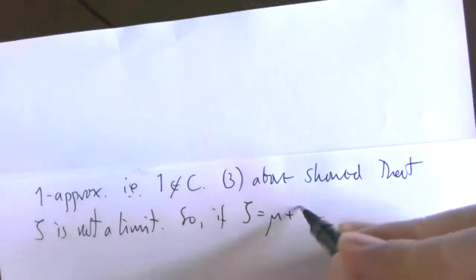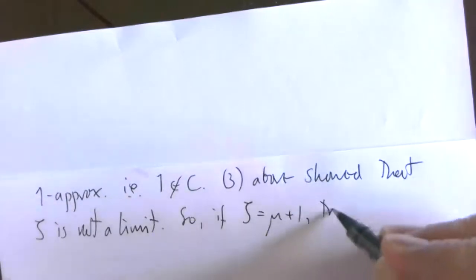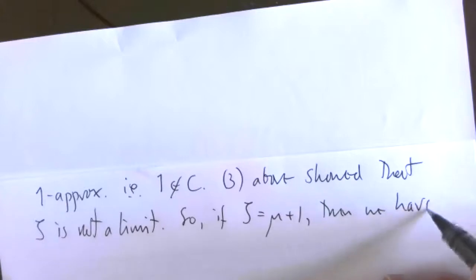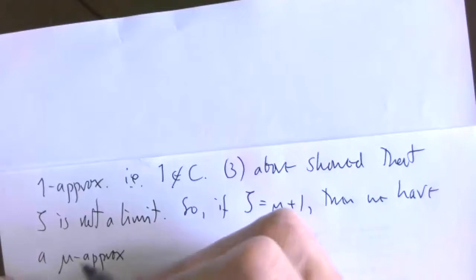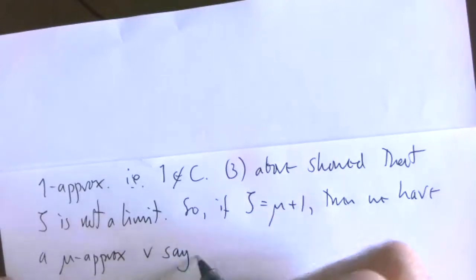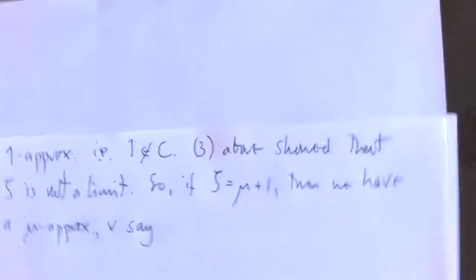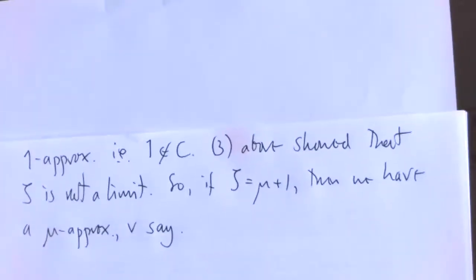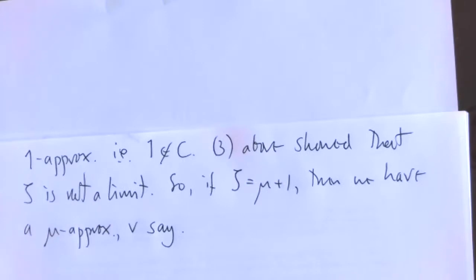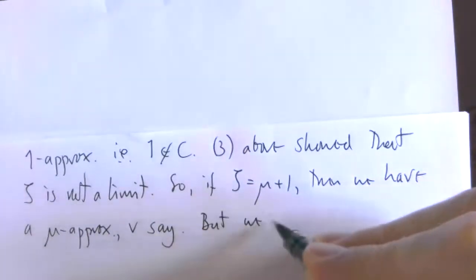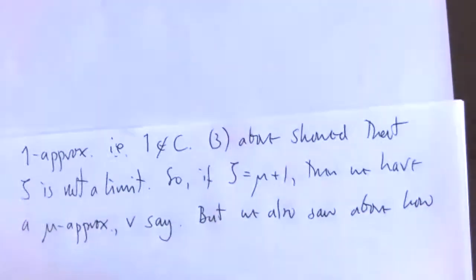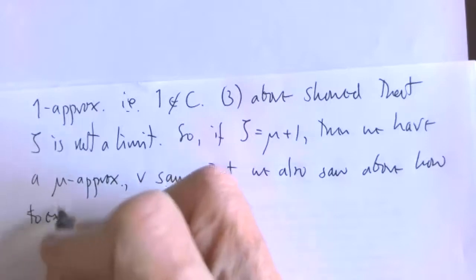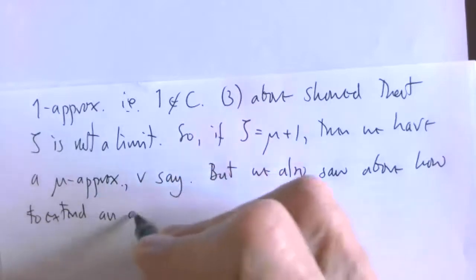So if zeta is mu plus 1, by the leastness of zeta, we have a mu approximation, V, say. But we also saw above how to extend an approximation one more stage.